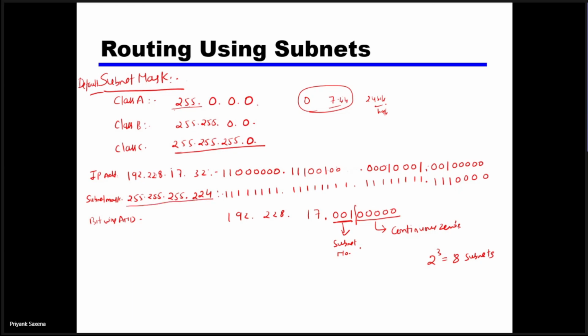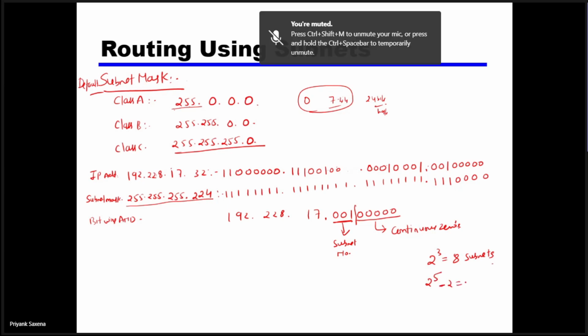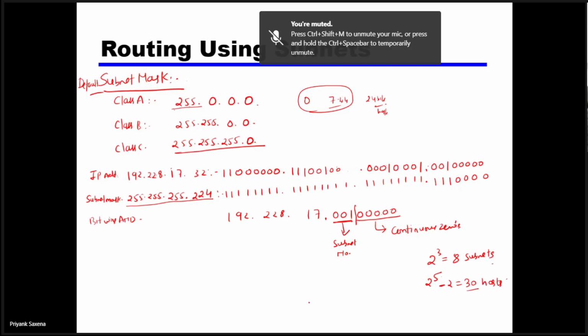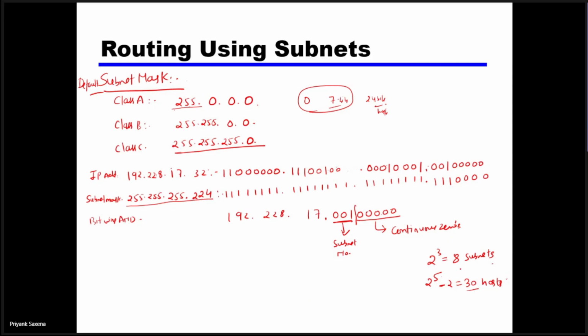And each subnet will have how many hosts? 2 to the power 5 minus 2. There are 5 bits for the host, so 32 minus 2, each subnet will have 30 hosts, because 2 are reserved, one with all zeros and one with all ones.